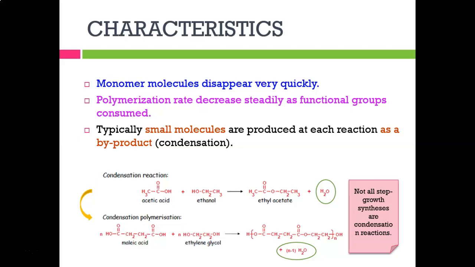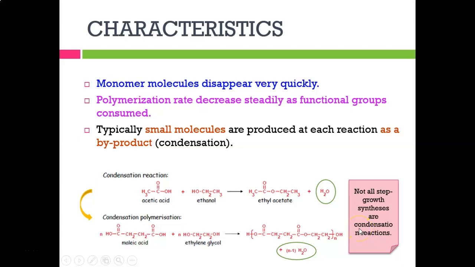Typically, small molecules are produced at each reaction as a byproduct. As you can see here, the reaction of acetic acid with ethanol produces ethyl acetate and also water. But not all step growth synthesis is condensation polymerization.